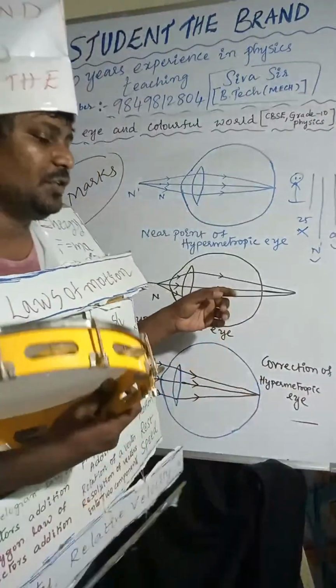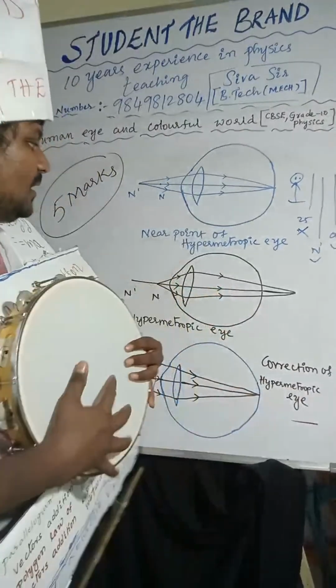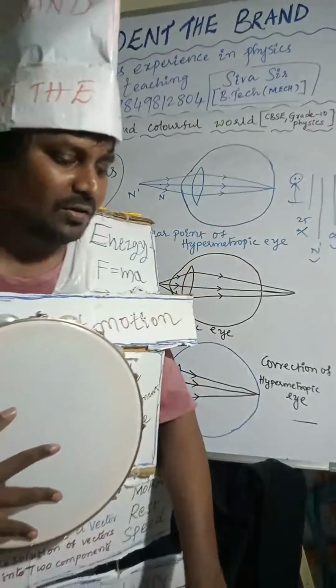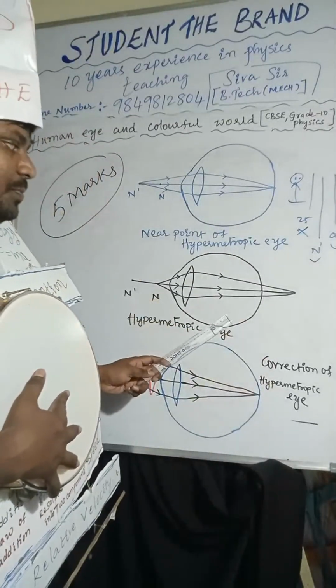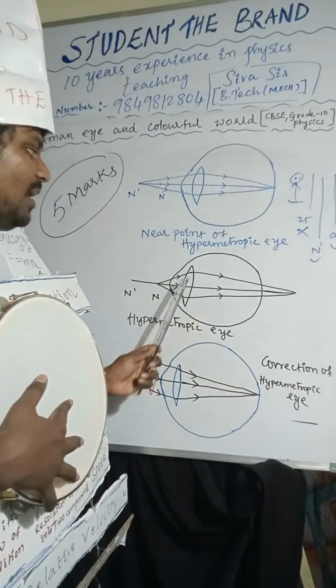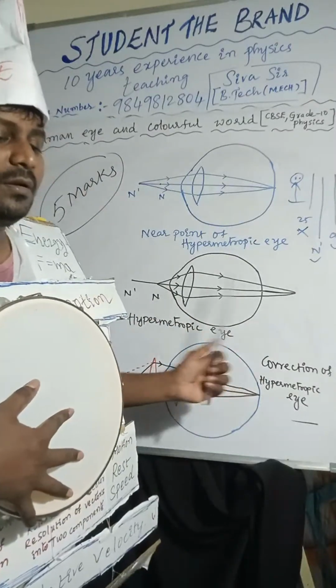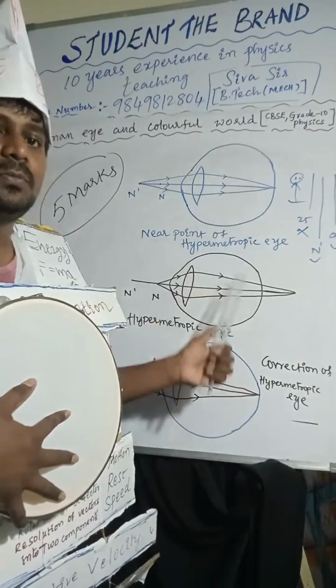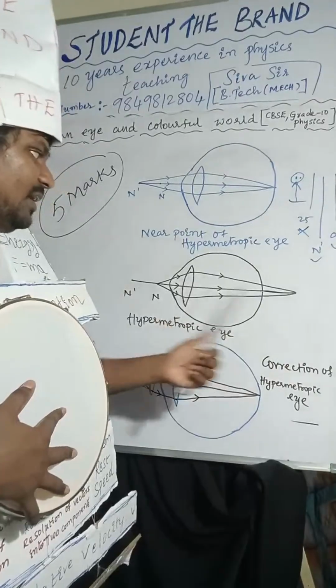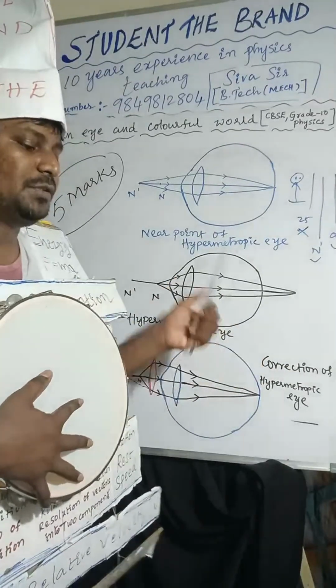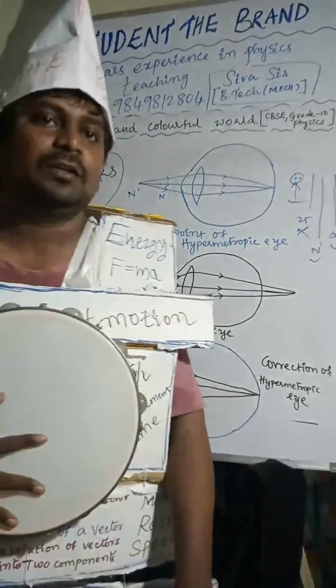By seeing this diagram, you will get to know the causes. The eyeball is too small and the focal length is large. Because the focal length is more, the eyeball is too small. Those are the 2 causes.